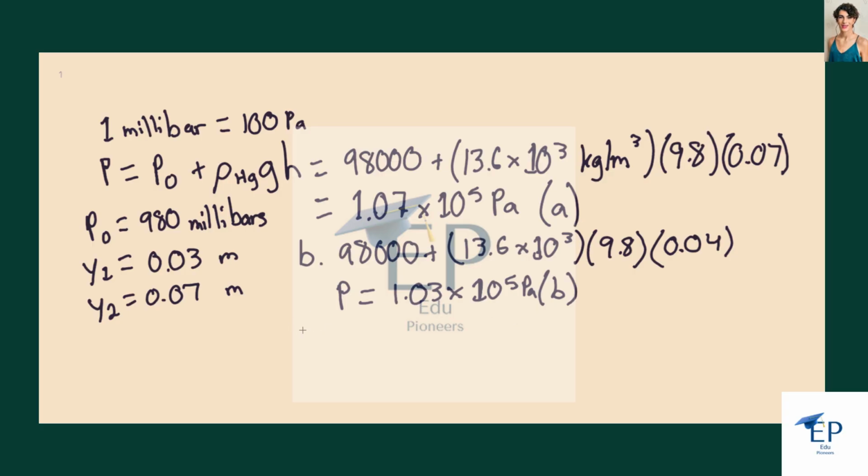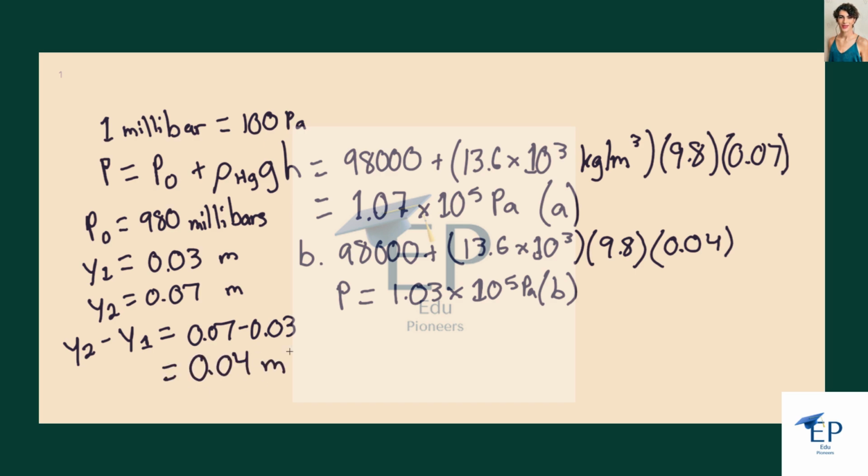So now they want us to find the absolute pressure of the gas within the container. So here the height that we're going to use is actually going to be y2 minus y1. And this is going to be 0.07 minus 0.03. And of course, this will be equal to 0.04 meters.